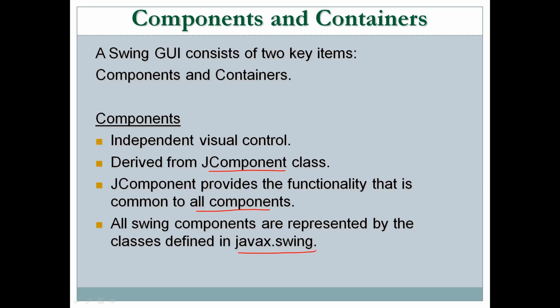Remember, when we write an AWT based Java GUI program, we use the package java.awt. Same way, when we write a Java Swing program, we have to import the package javax.swing. Remember, it is x, the javax.swing package.